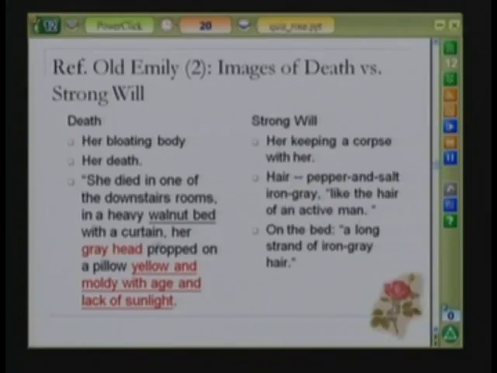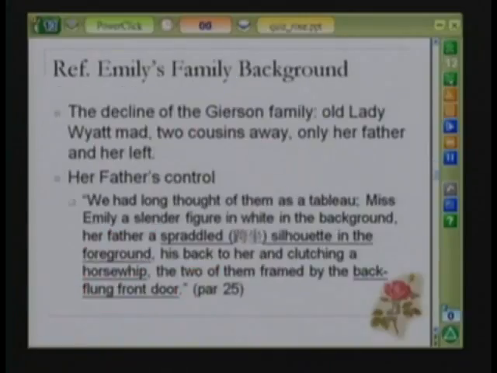On the other hand, the pillow in her bedroom is yellow and moldy with age and lack of sunlight. So there are a lot of images of death associated with Emily and Emily's house. Also, dust is another dominant image. And the background: this is the father's control, and Emily being the last Grierson.